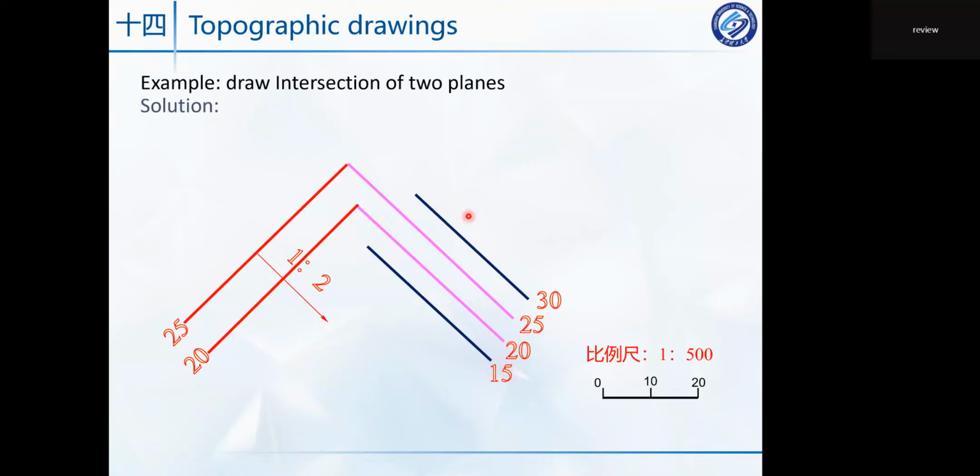So the key point is you have to use the slope and the scale ruler to find the control line you want to get.